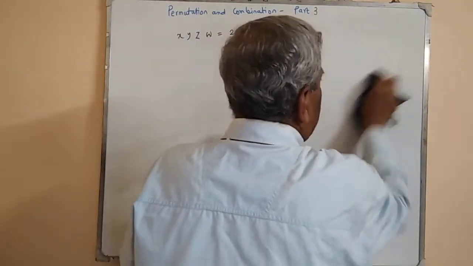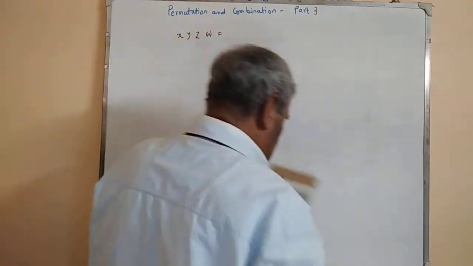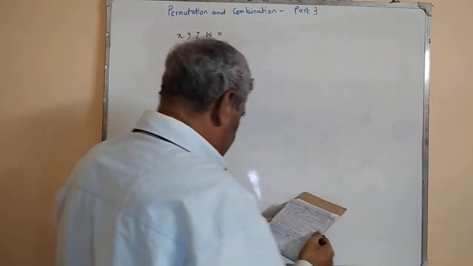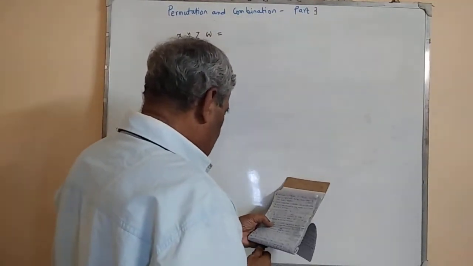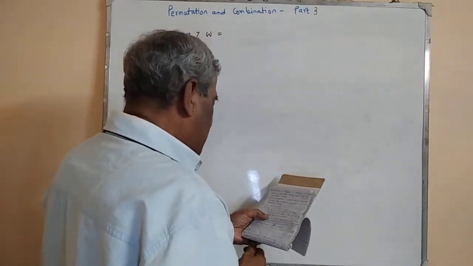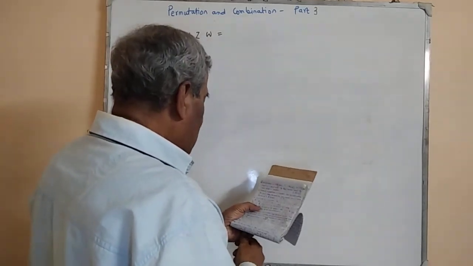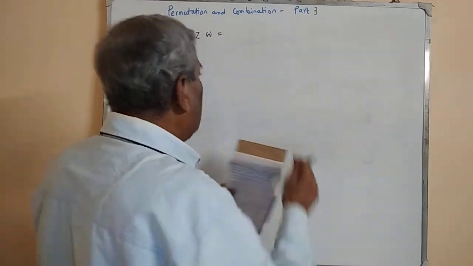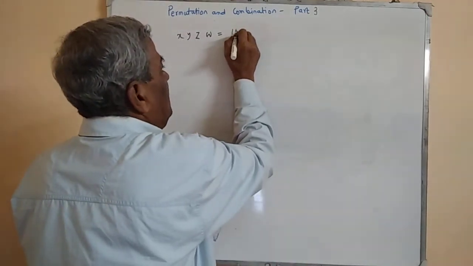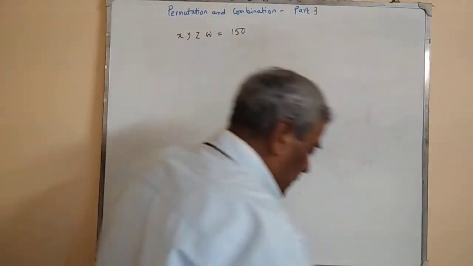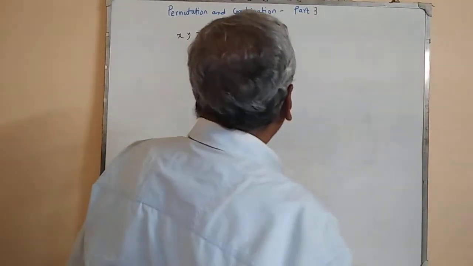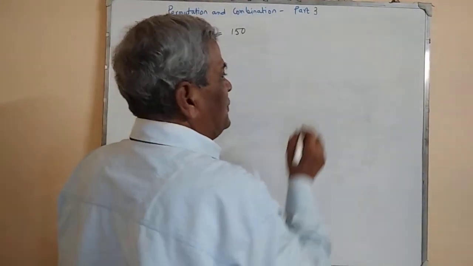The same problem, suppose we solve x, y, z, w are variables, and the number of integral solutions of x, y, z, w is equal to 150. Almost the same problem. So again factorize it.